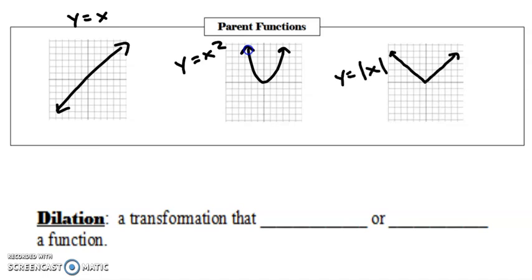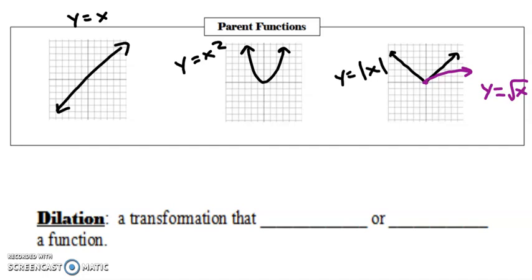Another one that we could look at is the square root function. Okay, so those are four of our basic parent functions that we should be able to make some basic transformations with.